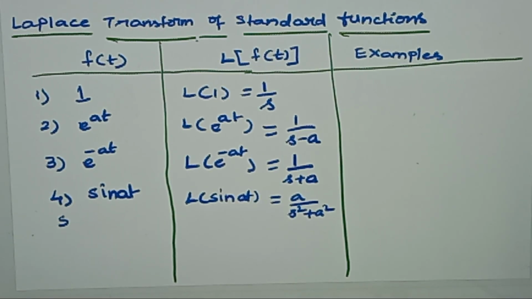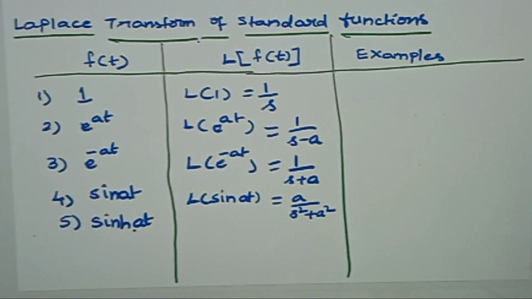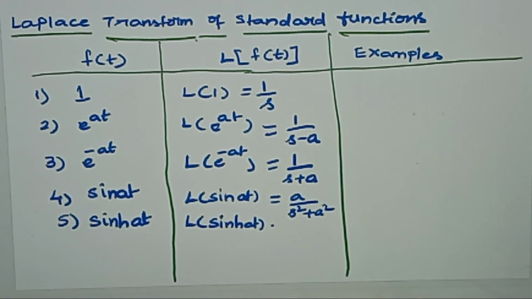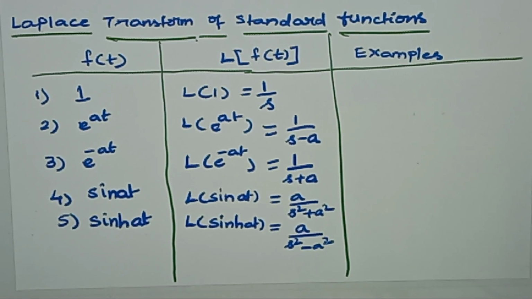Similarly, if we want to find the Laplace transform of the hyperbolic function sine at, which is denoted by sinh at, what should the Laplace transform of sinh at be? Instead of a upon s square plus a square, it will be a upon s square minus a square. Okay? Now let us see the next formula.